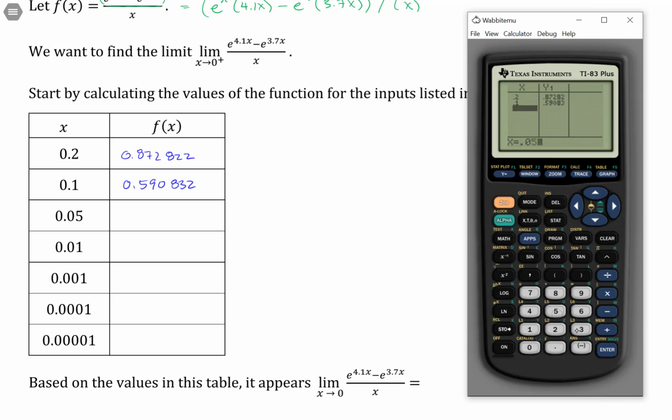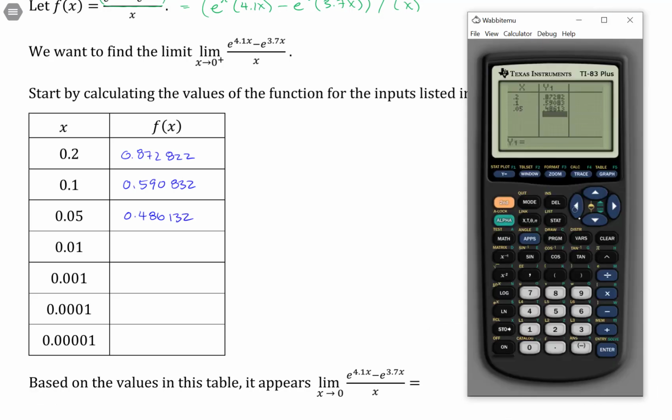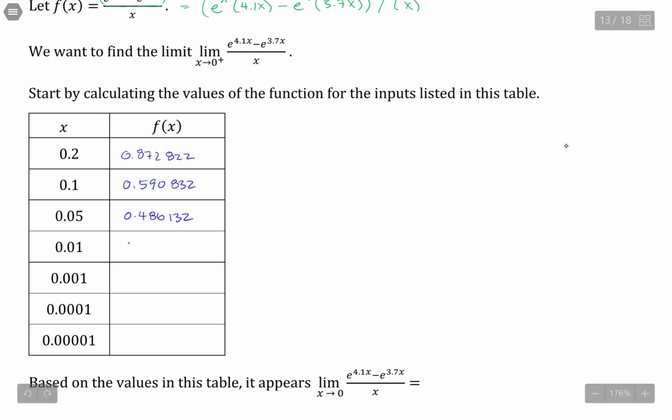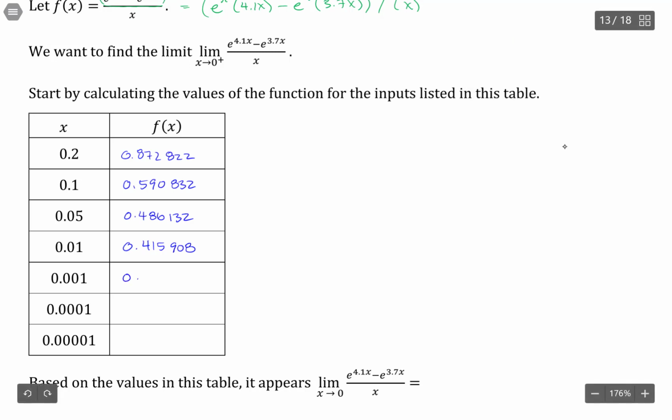And 0.05 gives me 0.486132. 0.01 is 0.415908. 0.001 gives me 0.401563.